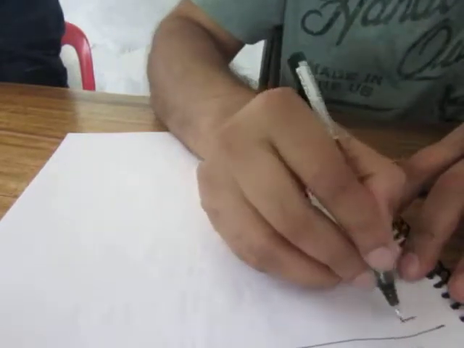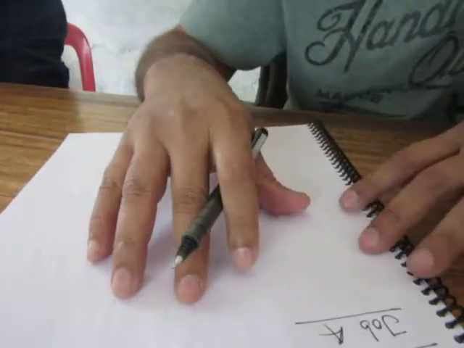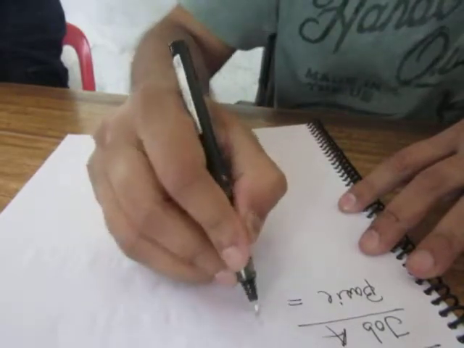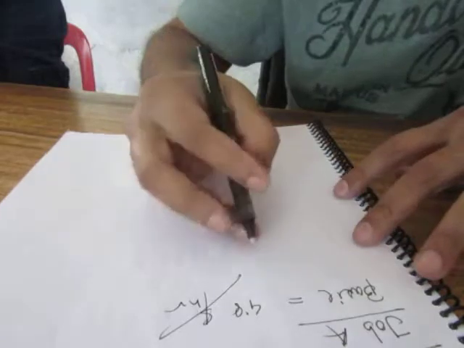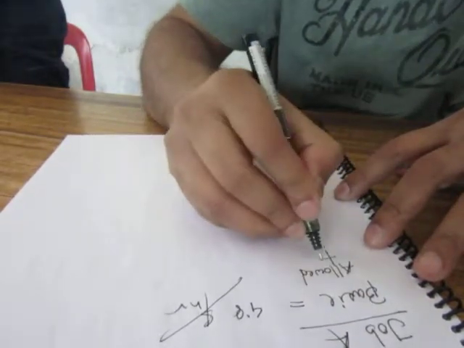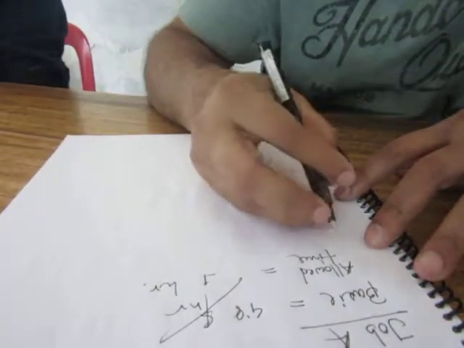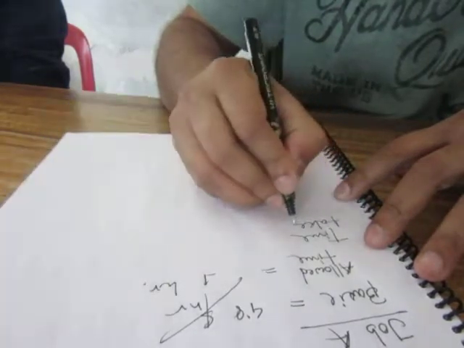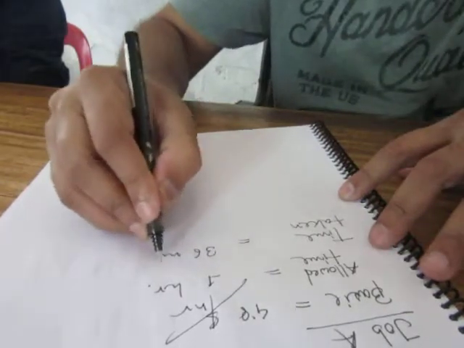For job A, you are provided some specific things. Basic is $4.8 per hour. Allowed time is 1 hour. Time taken is 36 minutes.